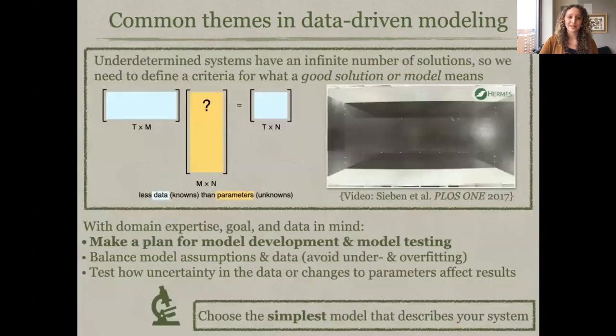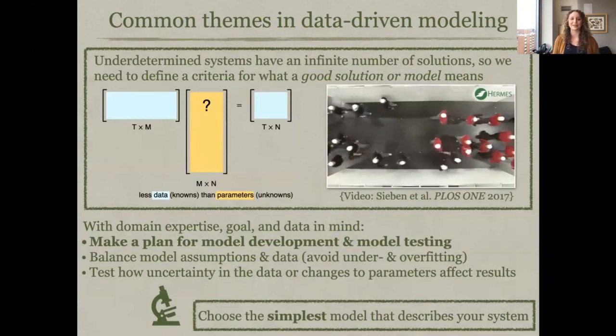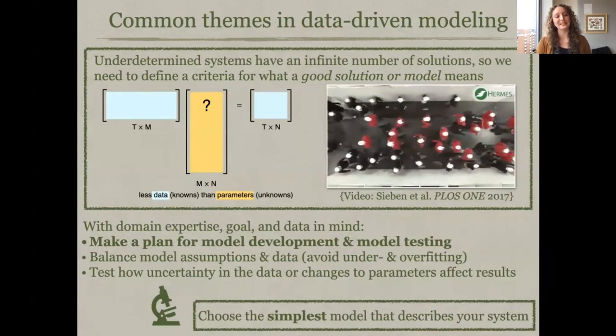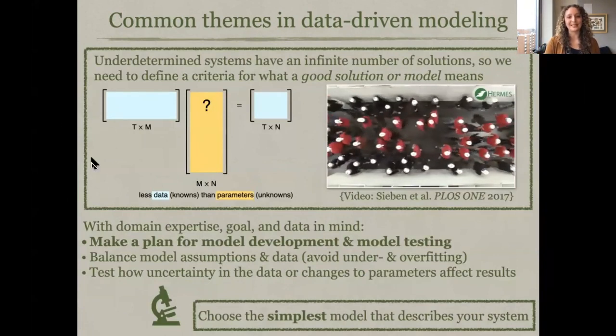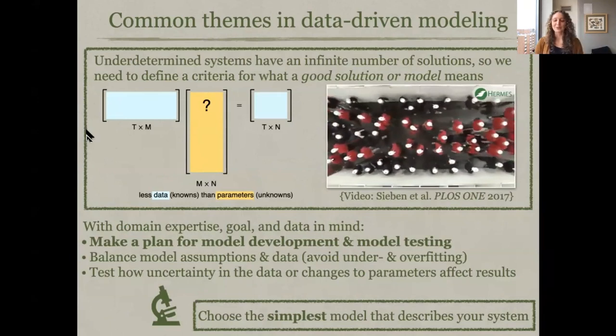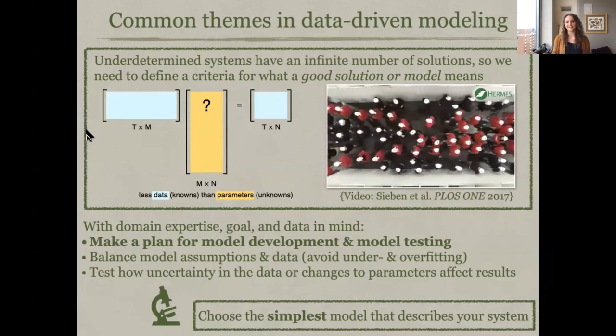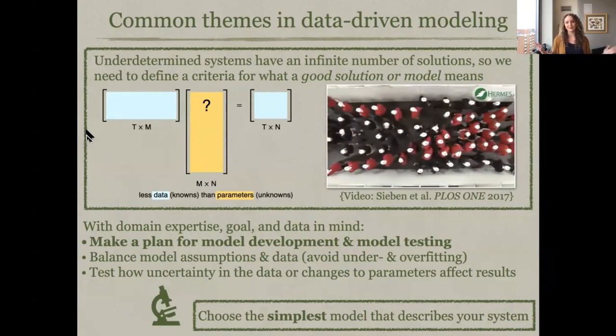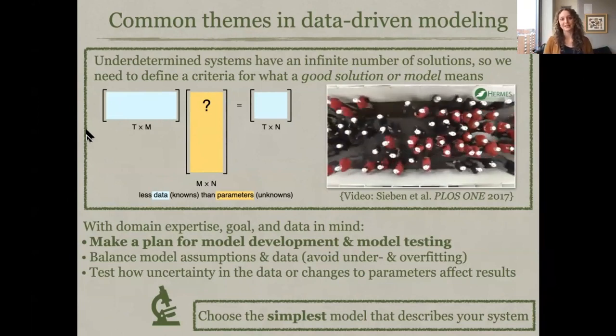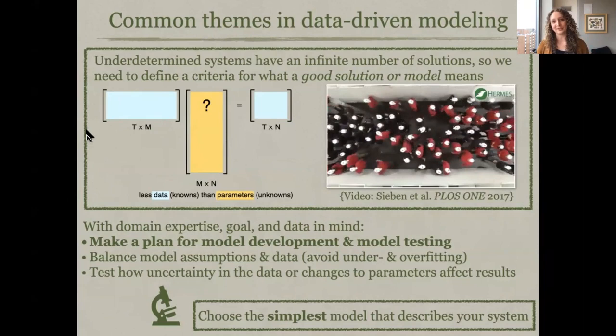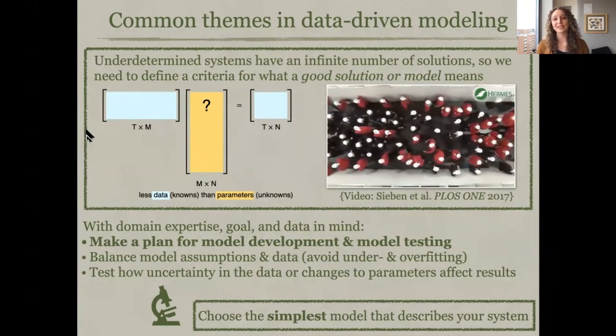Okay, and then the other kind of issue with data-driven modeling, something the statistical community describes with pictures like this, is that we're working with underdetermined systems that have an infinite number of possible solutions. So you have to come up with some criteria for what is a good solution.